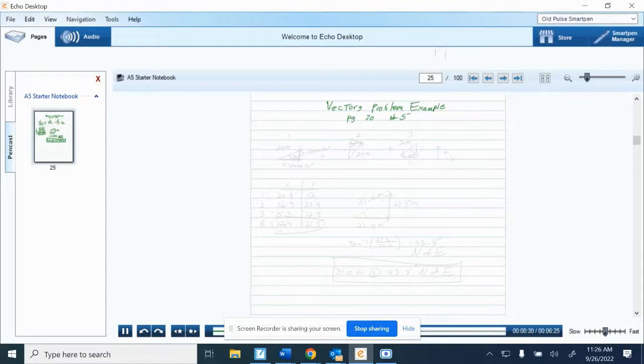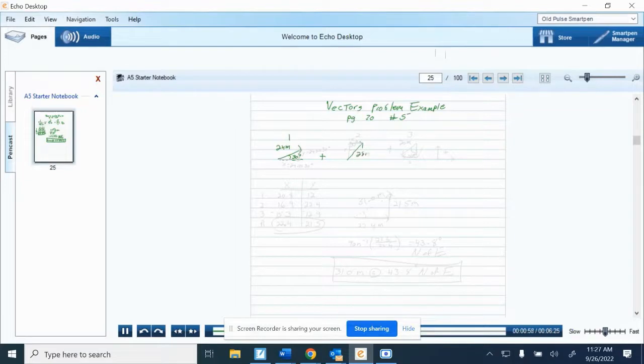So the first thing we need to do is sketch the 3 vectors that we have. So 24 meters at 30 degrees north of east would be in this direction. We'll call that vector 1. Plus, the second one is 28 meters at 37 degrees east of north. So we're going to have one like this.